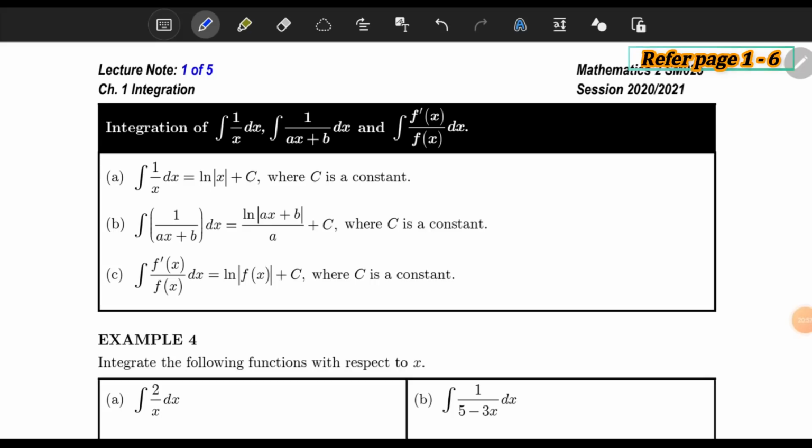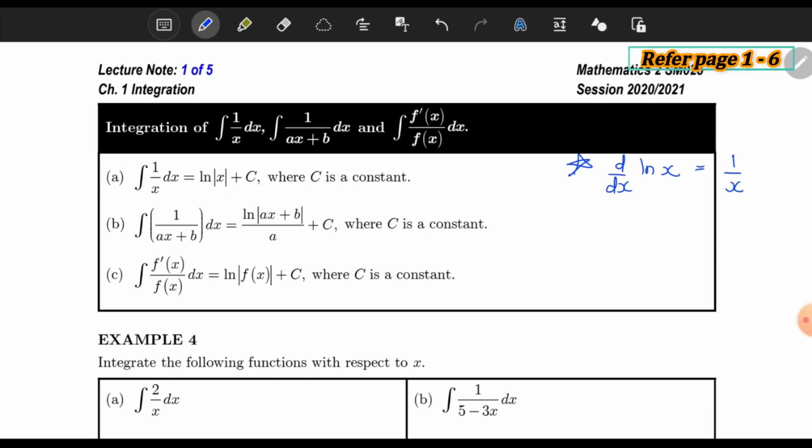Next one, integration of 1 over x dx, 1 over (ax plus b) and f prime over f(x). Okay, before that, recall your differentiation. If we differentiate ln x, the answer is 1 over x, right?